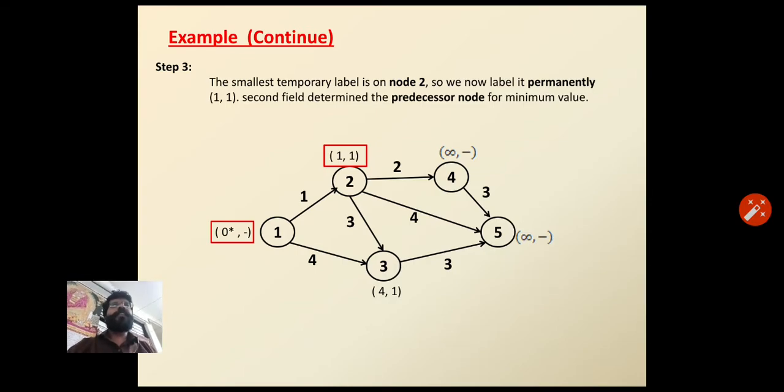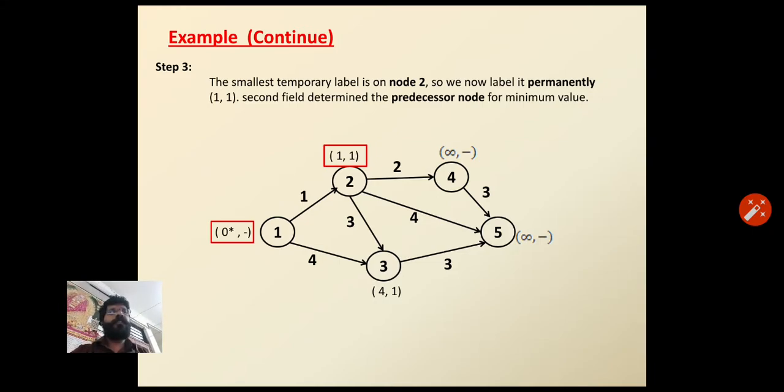After calculating, we see the minimum values of both node 2 and node 3. The minimum distance from node 1 to 2 and from node 1 to 3 is that of node 2 from node 1. So we mark node 2 as permanent.